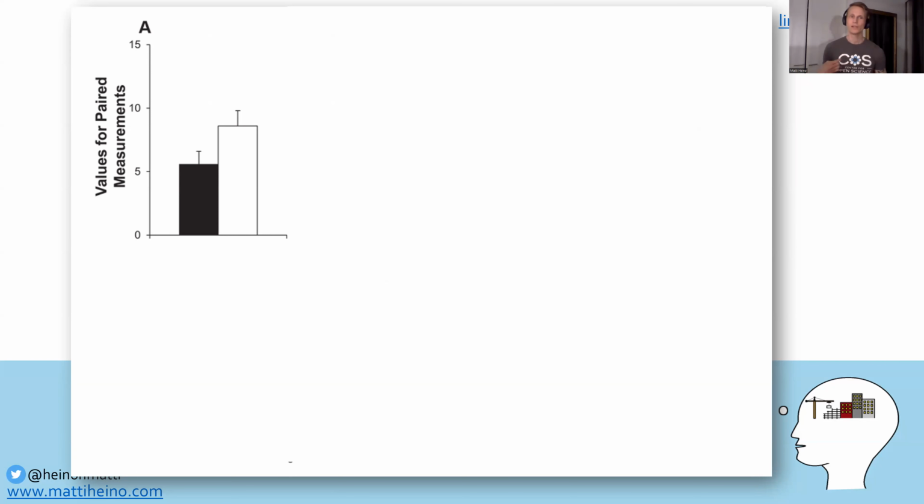And when we look at the paired measurements, you can check the aforementioned paper if you want to look into this a bit more. But just briefly, paired measurement is where you have, for example, a group of people who get measured before an intervention and then also a second time after an intervention.